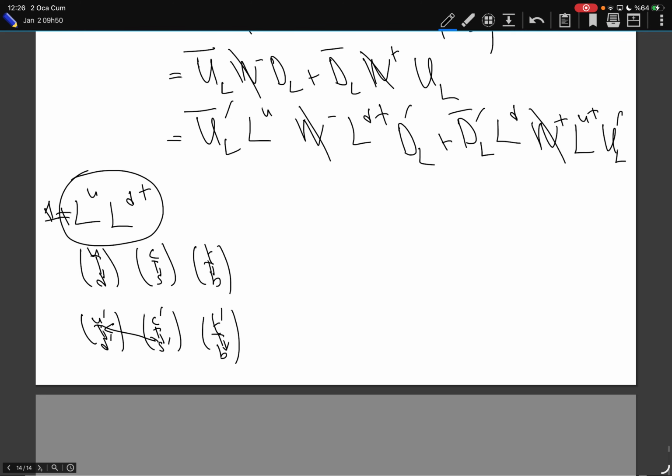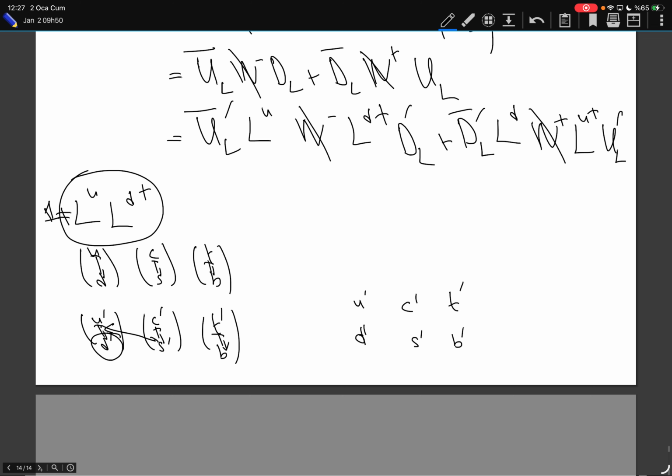Well, how do I identify D prime? Before, this doublet made sense because U and D only made transitions between each other. But now I have U prime, C prime, T prime on one hand, and on the other hand D prime, S prime, B prime, and each one makes a transition to the other.